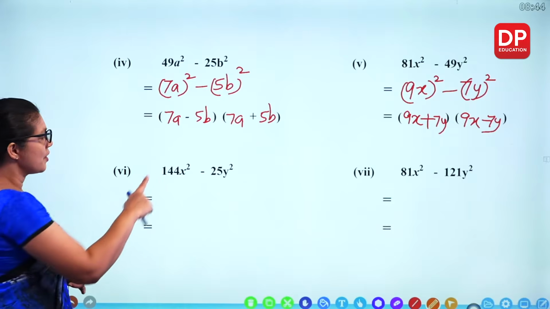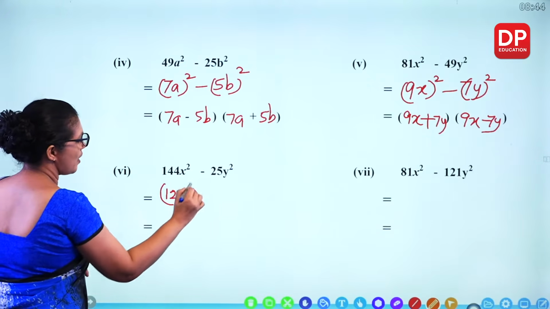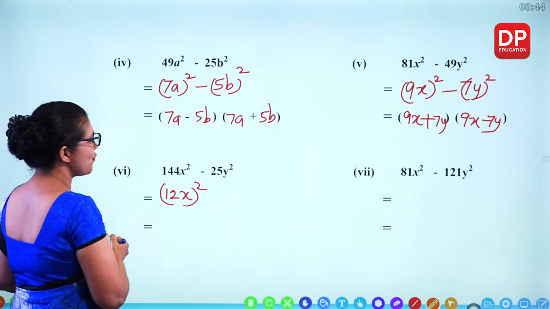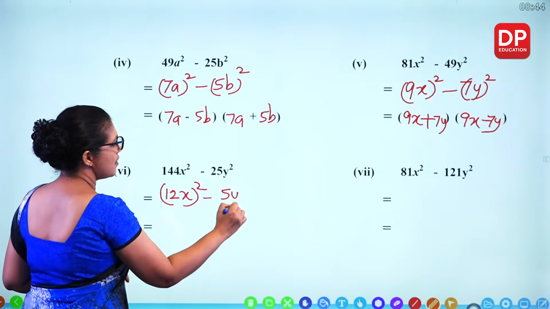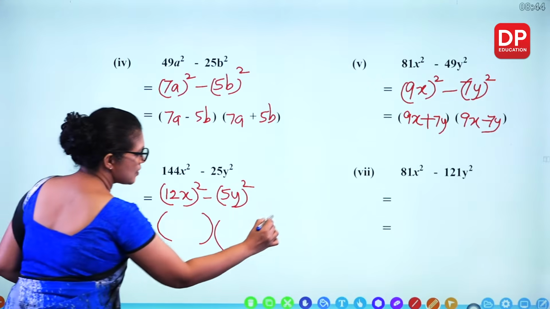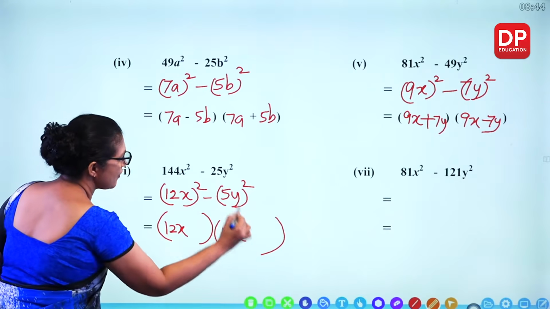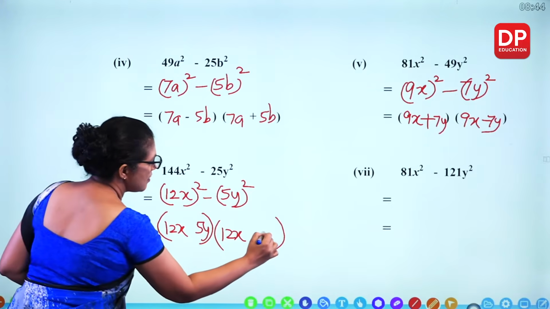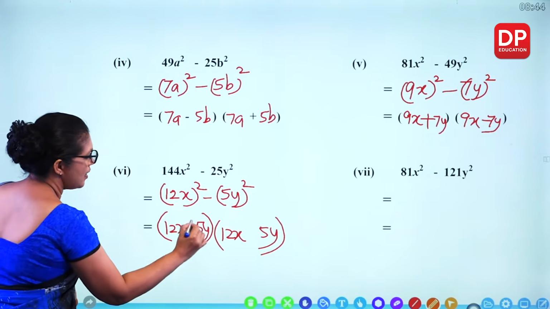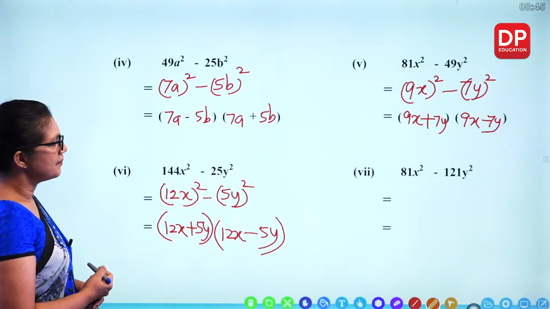This one, try. 144 is 12x whole thing squared. 12 times 12, 144. 5 and 5, 25. How do you write down the factors? Put two brackets. First term here and the last term here. And one is positive, the other one is negative.